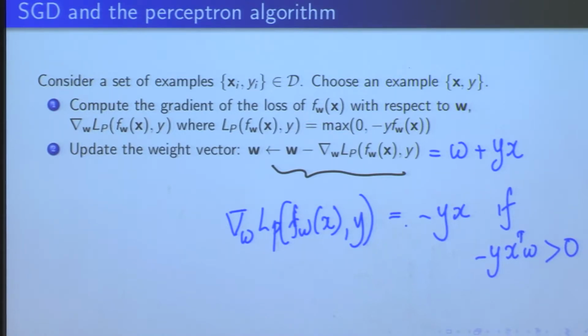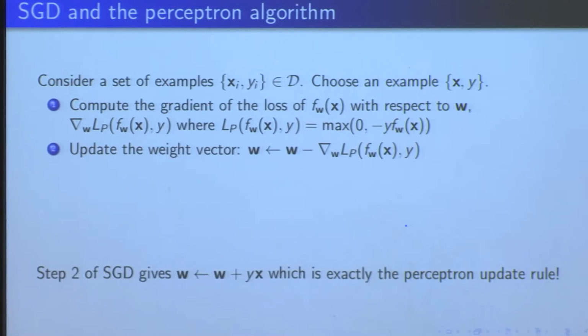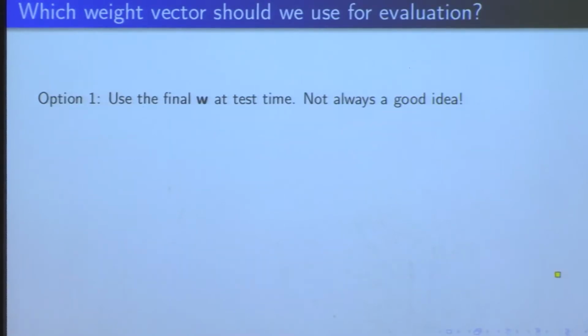That's exactly the perceptron update. A couple of you had asked whether the perceptron update is just a heuristic, but there is some optimization motivation behind the perceptron update algorithm. So step 2 of stochastic gradient descent gives exactly the perceptron update. Any questions?